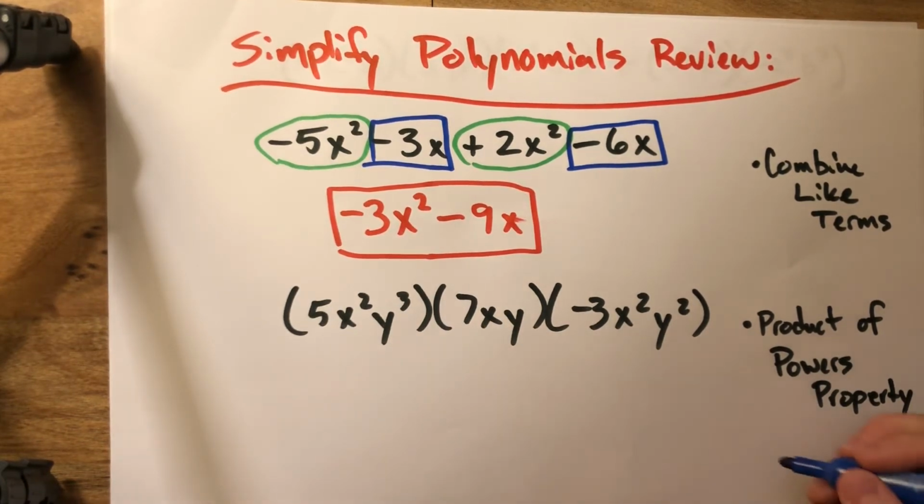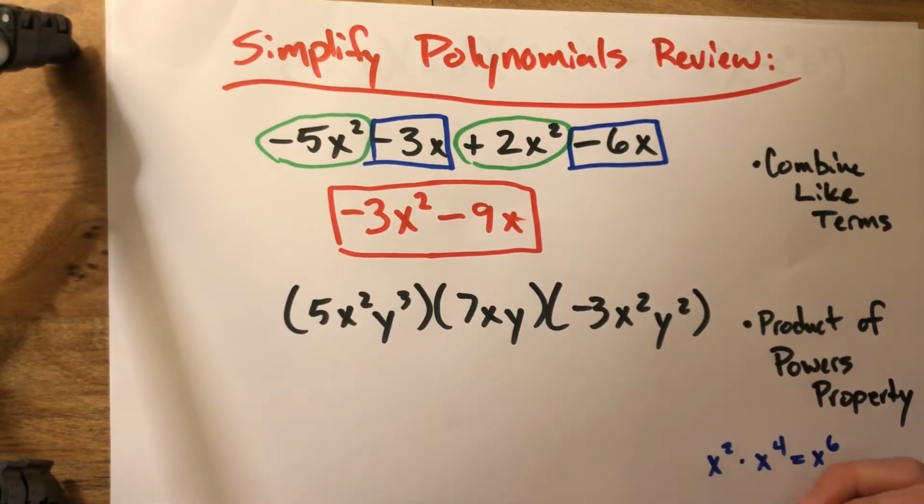And just to illustrate that for you, it would look something like this. We'd have x squared maybe times x to the fourth. We would actually add 2 and 4 and get x to the 6th. Or you could think about it as 2 x's being multiplied and then 4 more being multiplied, and that gives you a total of 6 of them. So that's the product of powers property.